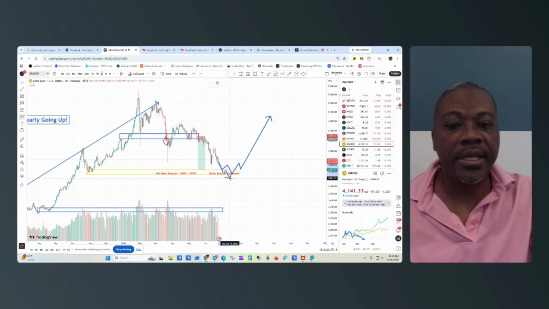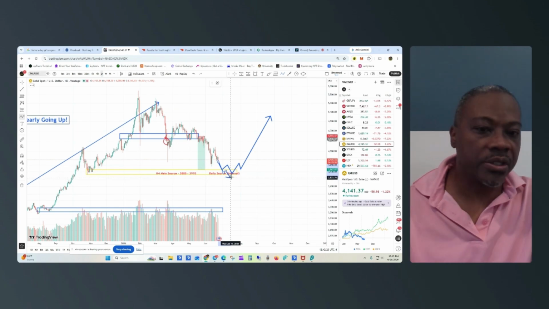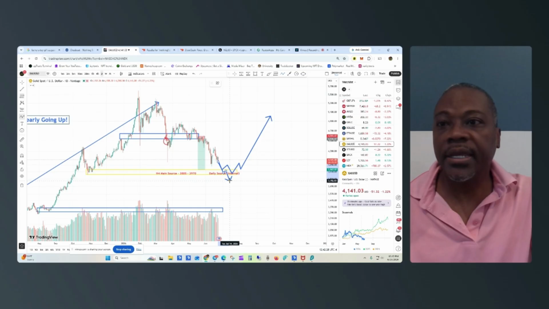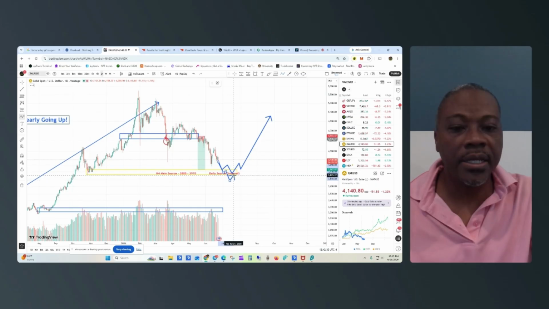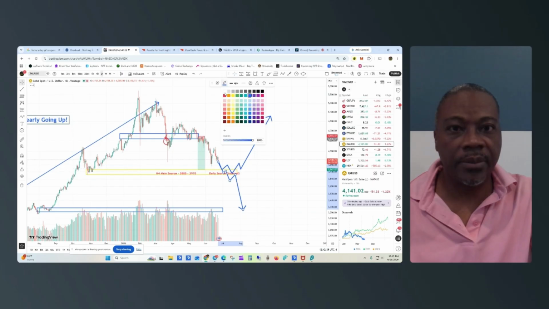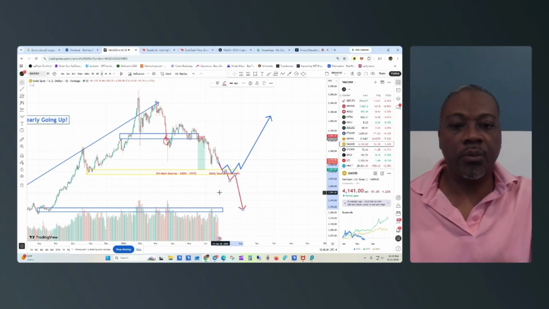So if we get a close below this, which is roughly below 38.80, 38.70, somewhere in that range, if we get a daily close of gold below this, you may see a small retest, but gold is undoubtedly coming back to this $3,300 reset area. So that's going to be the bearish scenario and what we need to continue to look out for.